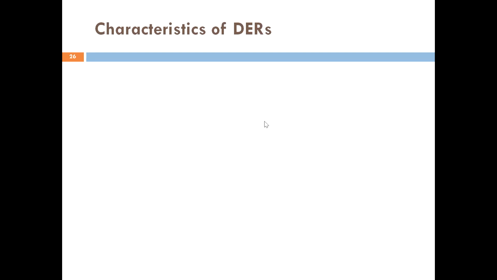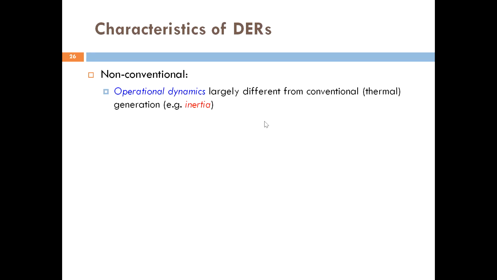And we have to consider what the characteristics of distributed energy resources are. What we find is that, firstly, it is non-conventional compared to traditional power generation. Non-conventional in terms of the operational dynamics that are significantly different from conventional thermal-based power generation. So we can highlight here the concept of inertia.